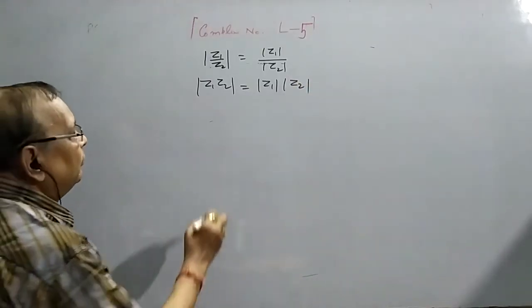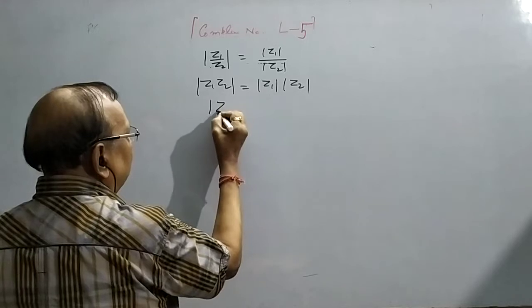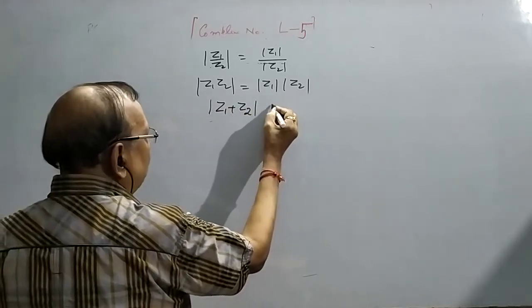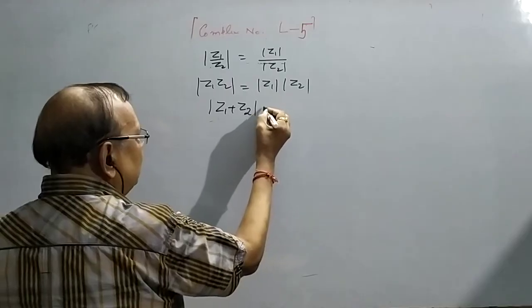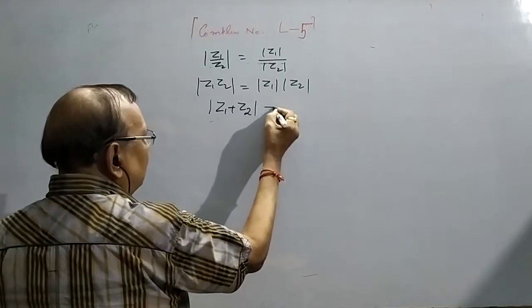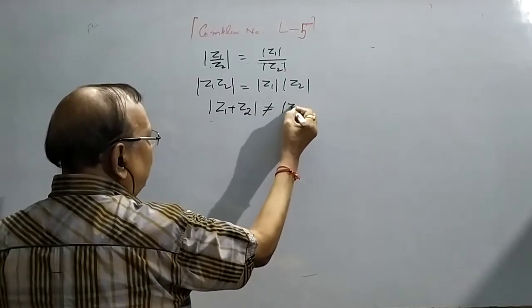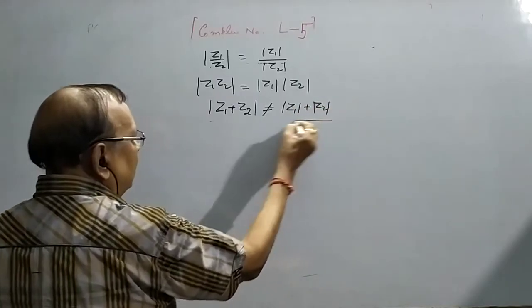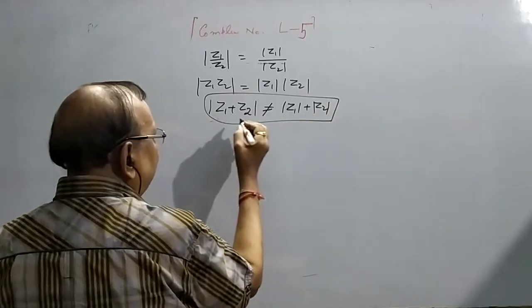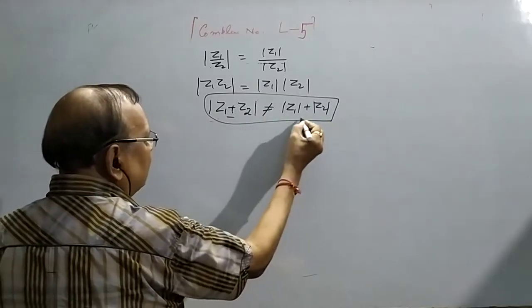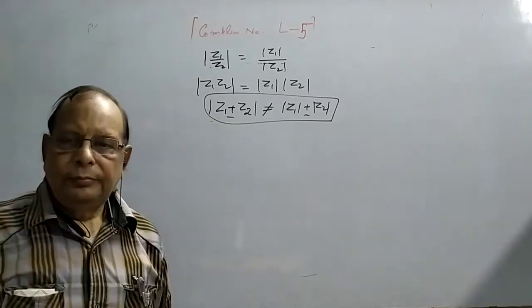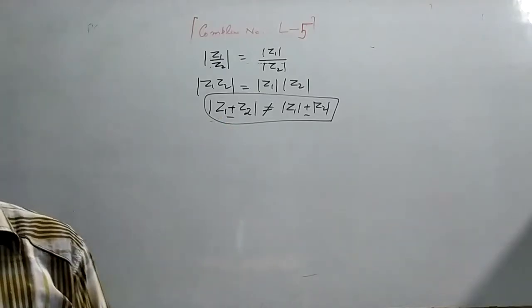But mod of Z1 plus Z2 is not necessarily equal to mod Z1 plus mod Z2. Remember this. Similarly, minus may be equal, but not necessarily these will be equal.